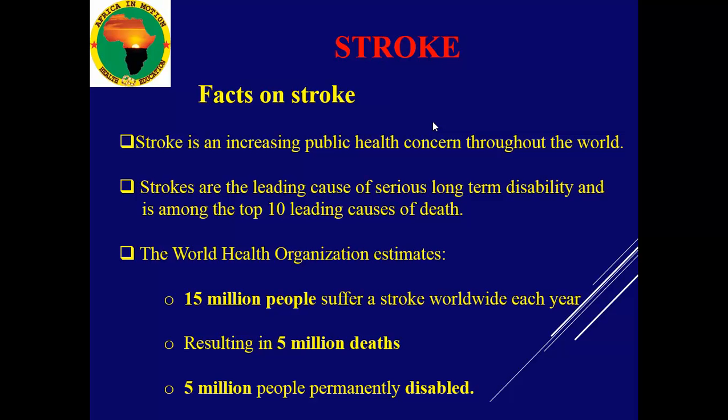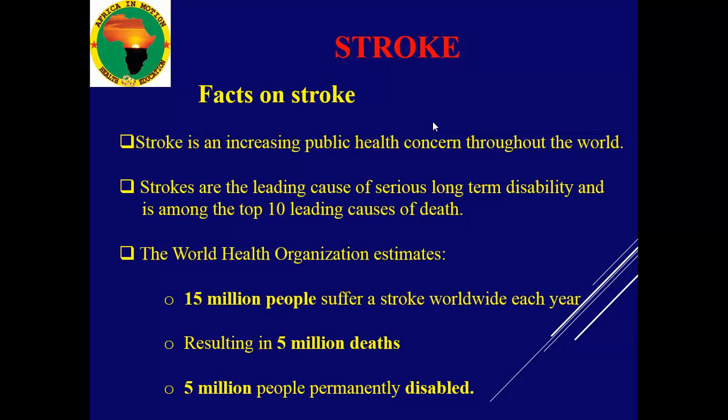Now, there are some facts that we need to remember about stroke. Stroke is an increasing public health concern throughout the world. Stroke is the leading cause of what? Of serious long-term disability. And it is among the 10 leading causes of death. That's why it is among our priorities. That's why we need to talk about it, know how to diagnose it, treat it, and prevent it.